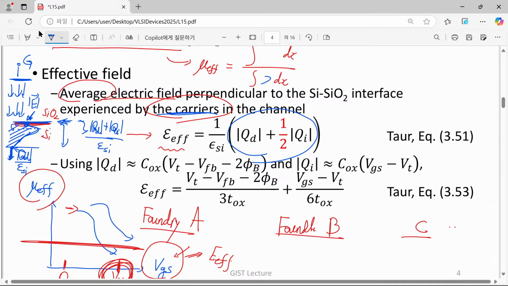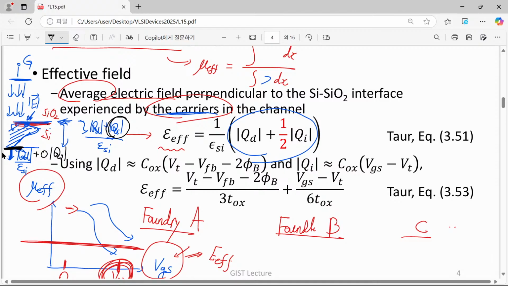As you can see, the difference comes from the electronic contribution. At the surface, all of our electronic charge contributes to the electric field, and at the starting point of our inversion layer, there is no contribution from our inversion charge.